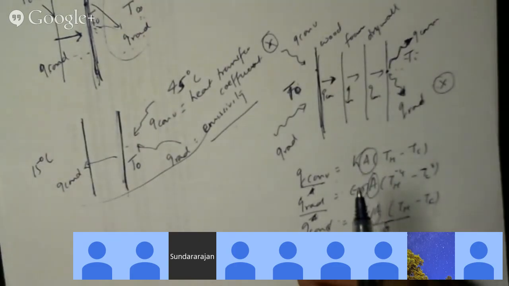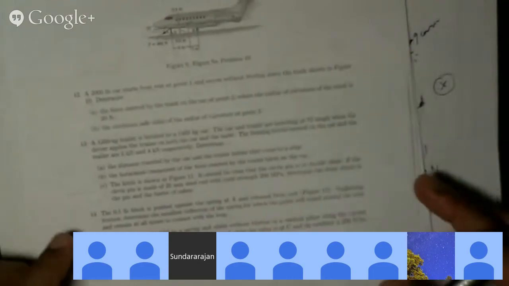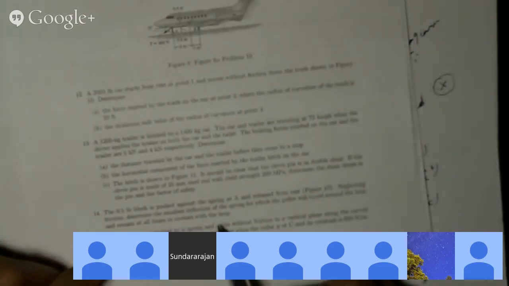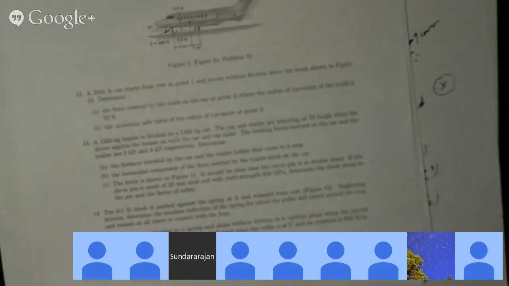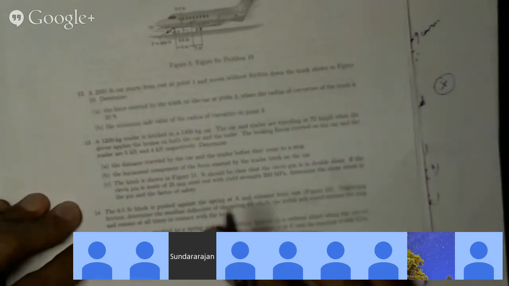Then if you're done with this, I want to go through a couple of problems from energy conservation, from the additional problems. Okay? Then this is problem 15 from there. So it's a 0.5 pound block.